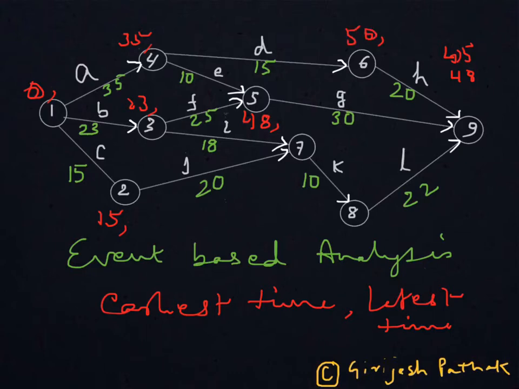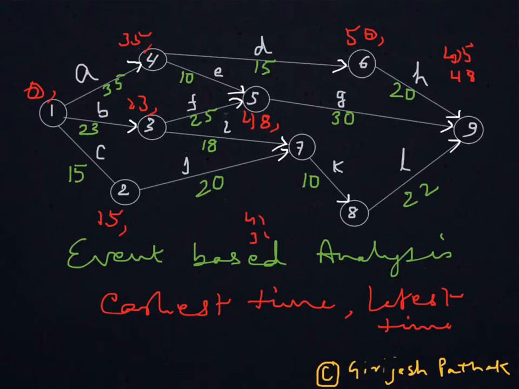For node 7, similarly, here again two arrows are ending. So you have to calculate from both sides. From the I side, you find that it is 23 plus 18, that is 41. And from the J side, it is 15 plus 20, 35.